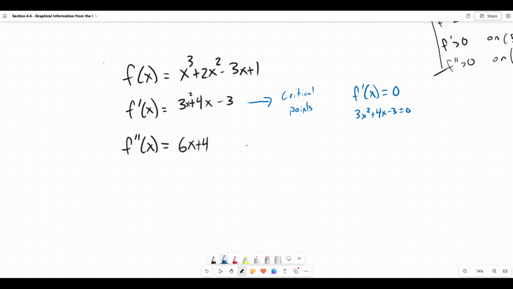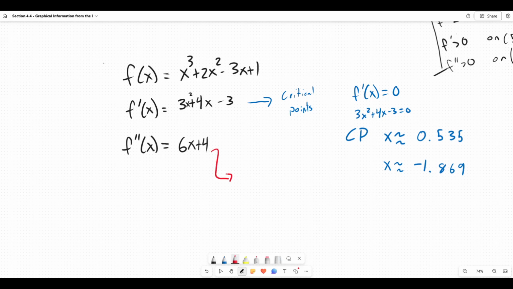So I find as critical points, x is approximately, again, these are rounded answers, 0.535, and x is approximately negative 1.869, rounded to 3 decimal places. These are our critical points.